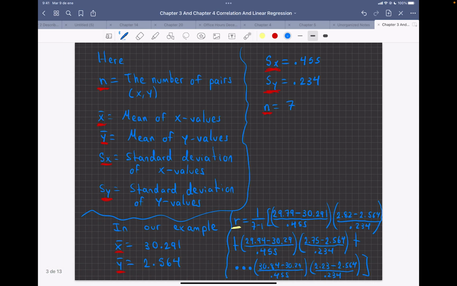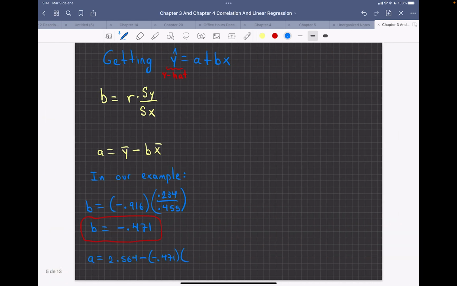What is x bar? X bar in our example is 30.291. So A, please verify that A is supposed to be 16.831.